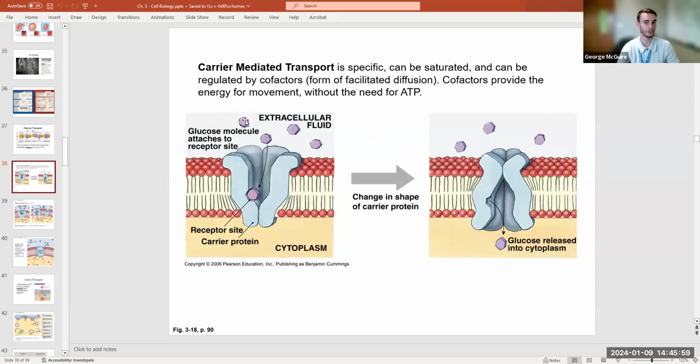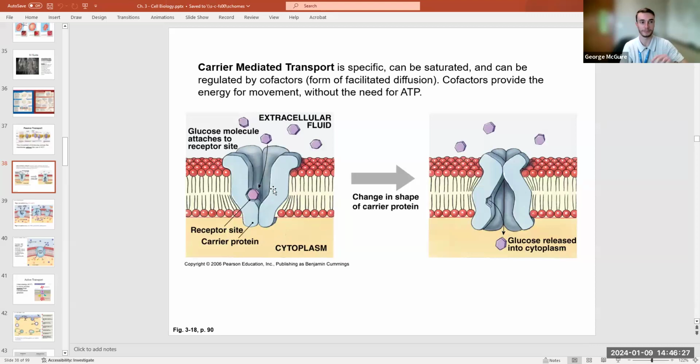But typically it is a molecule that could not cross on its own. And so this still requires some energy because we need to move this protein to make it work. But instead of adding energy through ATP, typically some other smaller molecule that would naturally diffuse is going to move through this space as well, which generates thermic energy, some heat just from the movement of that molecule itself.